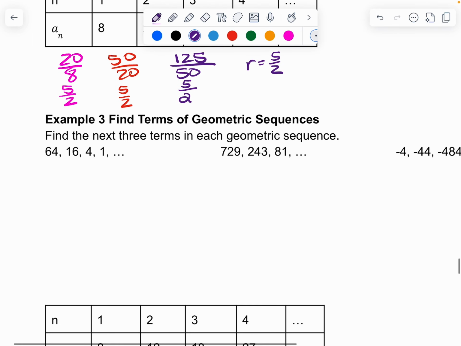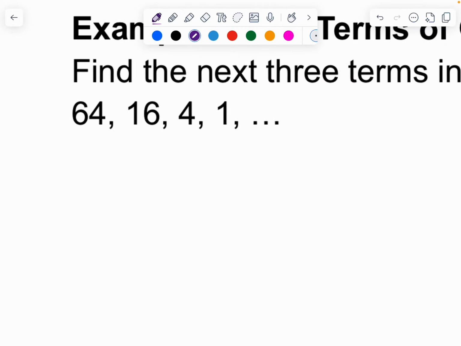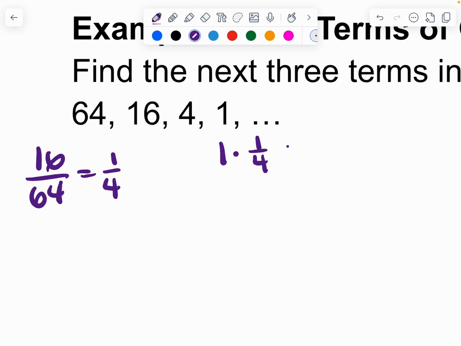So this one wants to find the next 3 terms. It's already telling you that it's a geometric sequence. Now you just have to decide what the ratio is. So 16 divided by 64 will get me 1/4. So for the next 3 terms, I take 1 and multiply it by 1/4, and I get 1/4.